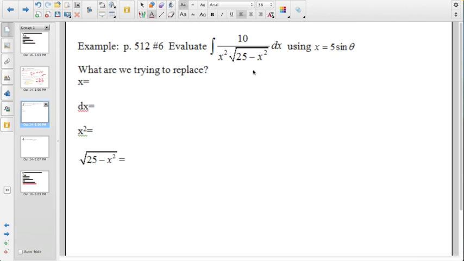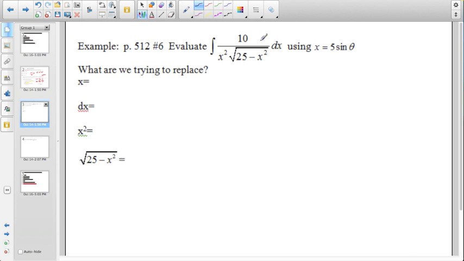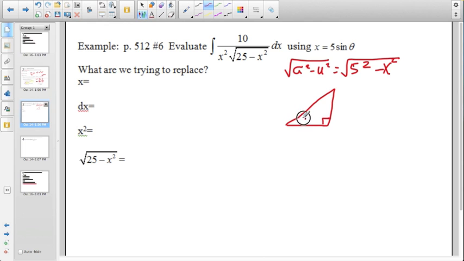Looking at this example here, we have a fairly complicated looking integral, and we can see that we have this a squared minus u squared pattern. In this situation, it's going to look like the square root of 5 squared minus x squared. So we can go ahead and set up the right triangle here.